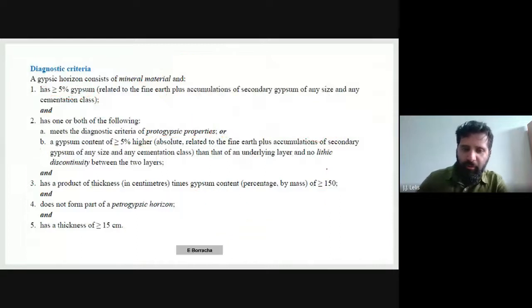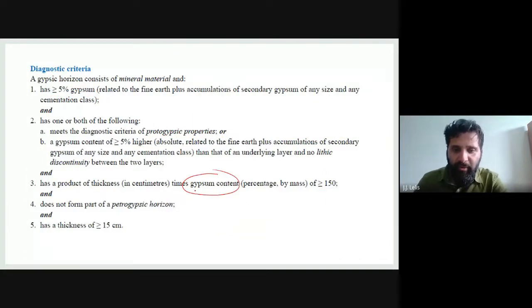Okay, so it shows us that we have a high accumulation of gypsum in a specific thickness. And the higher this thickness is, the lower the gypsum content can be.